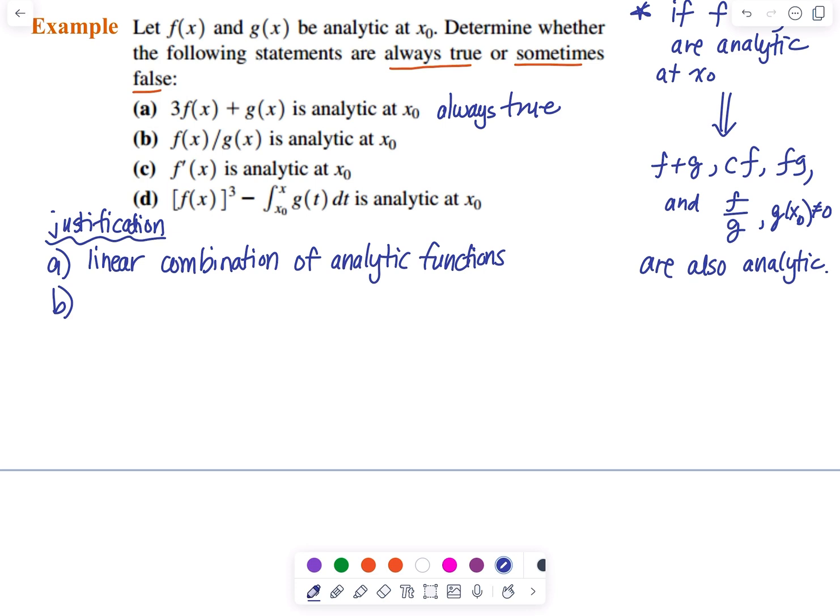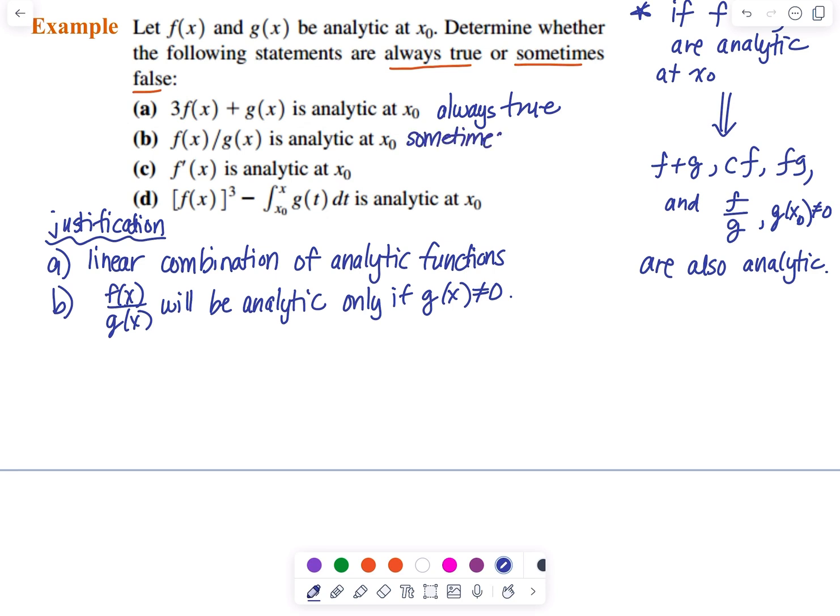So f of x over g of x will be analytic only if g of x is not equal to 0. So we're going to put sometimes; this is a false statement.